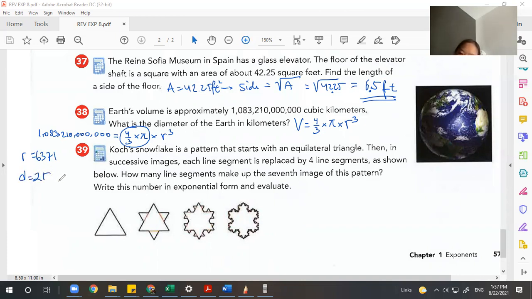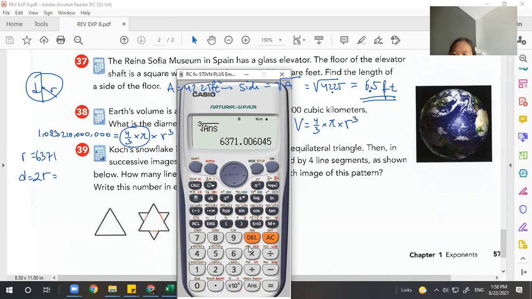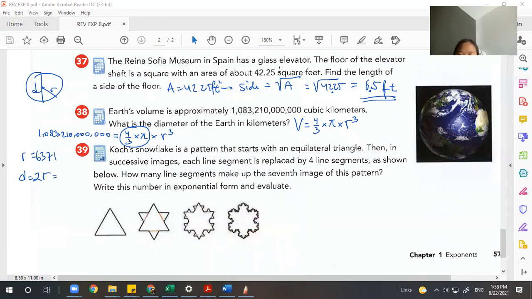Remember the circle? This will be the radius and this will be the diameter. So 2 times r. 6371 times 2. So the answer will be 12,742. This will be the answer for number 38.